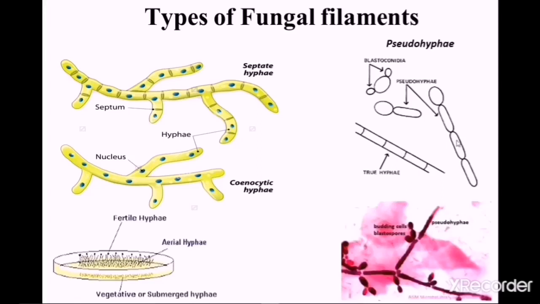If you compare this with true hyphae, like in this case, the walls are parallel, the cell walls are not constricted at septa, and the septa are not curved. The pseudohyphae are mostly formed in Candida, which is a very good example of pseudohyphae.